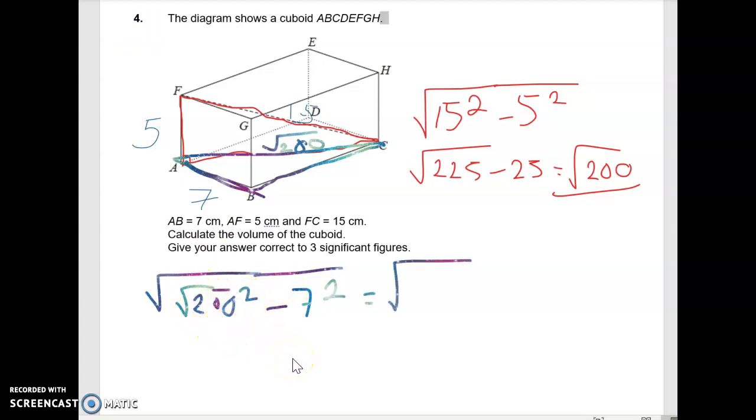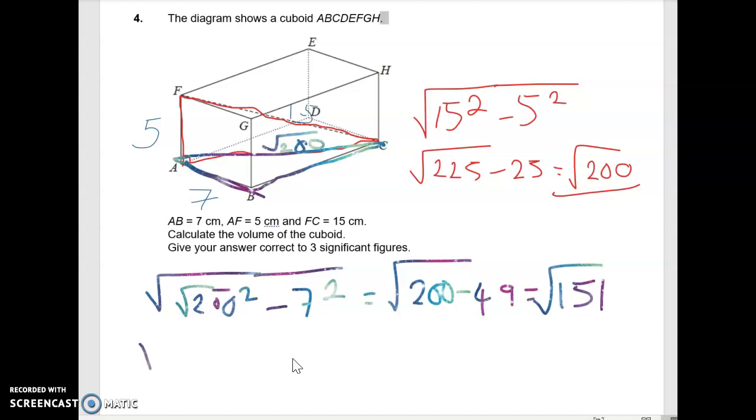So this is going to be the square root of 200 minus 7 squared, which is 49. Okay, so this is the square root of 151. Again, I'm not going to round yet. I'm just going to leave that in my calculator until we get to our final answer.